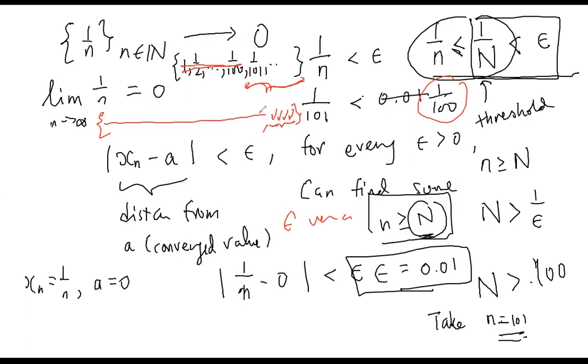These guys exceed, but it doesn't matter as long as you can find some cutoff in your sequence such that the tail gets arbitrarily close to A, then you manage to show convergence.